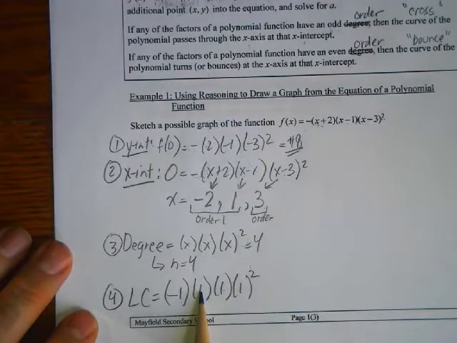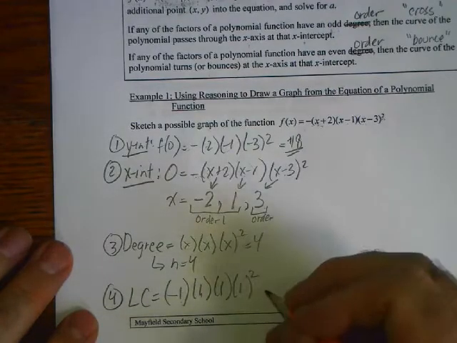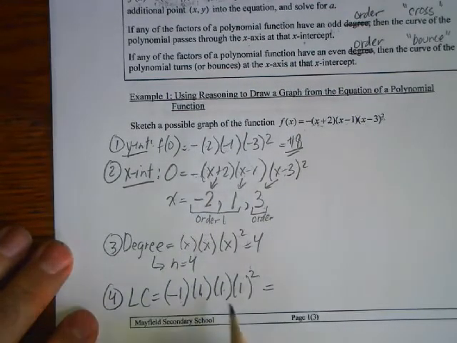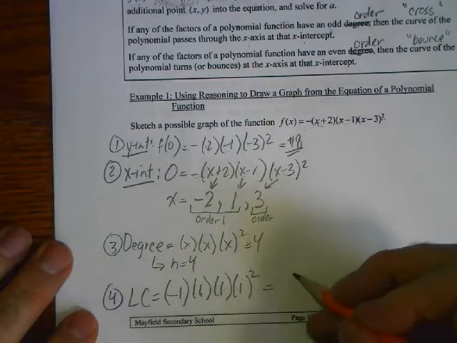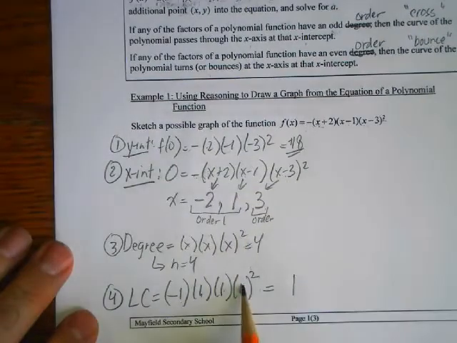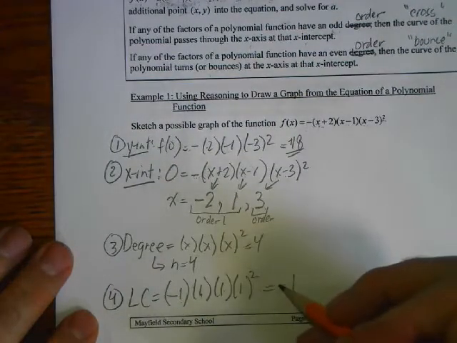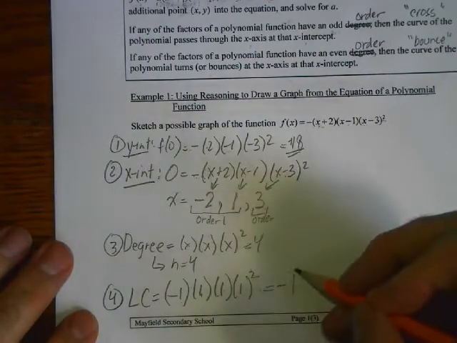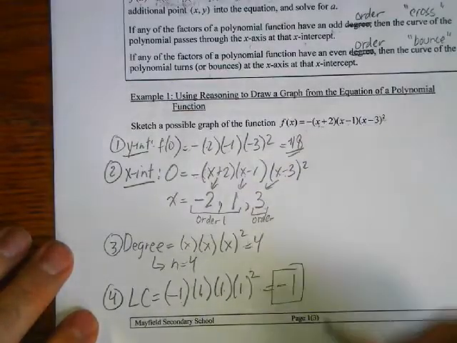This is from the x plus 2 factor, that's from the x minus 1 factor, and this is from the x minus 3 factor. We put that all together, lots of 1's being multiplied, so we know the answer is 1 for sure, and we have that sole negative sign. So leading coefficient -1.